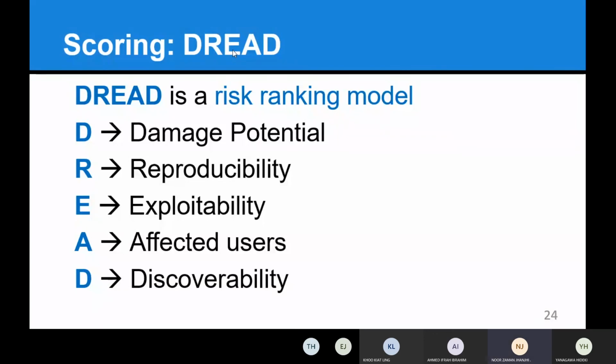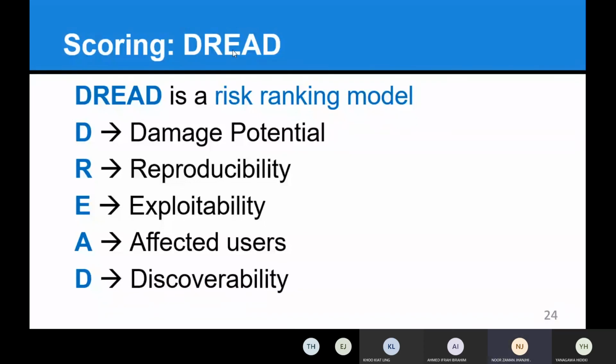Remember we said there are different approaches, and this approach is software-centric. We also have two more approaches. Now see, this is another one, known as the DREAD model. DREAD is a risk ranking model. Remember we said one is the asset-oriented approach, one is the risk-oriented approach, one is the software-oriented approach. So DREAD is the risk-oriented ranking model.